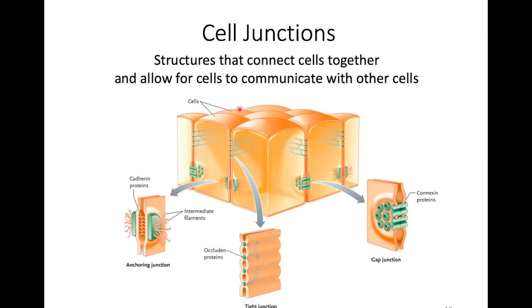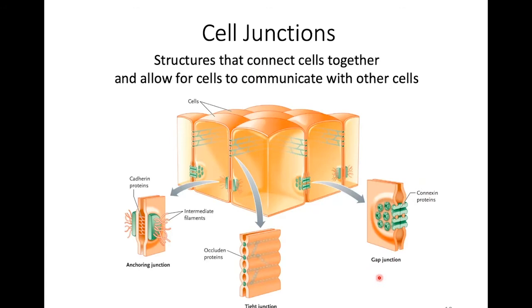You want to do that because you want to prevent molecules from simply passing through and moving between cells. And one of the places where you find tight junctions are within the nervous tissue of the brain, right? Because we don't want molecules just passing through and being able to affect our nervous tissue.